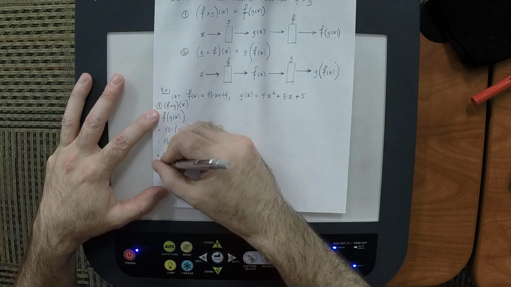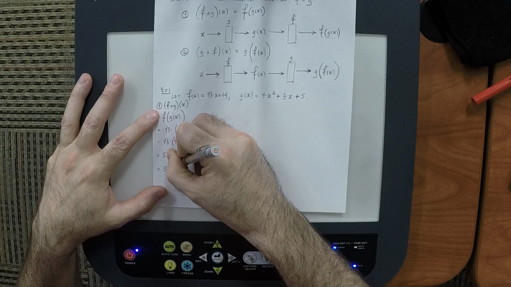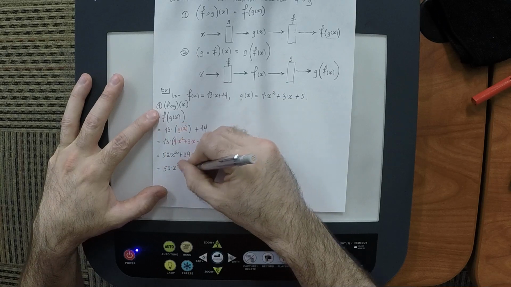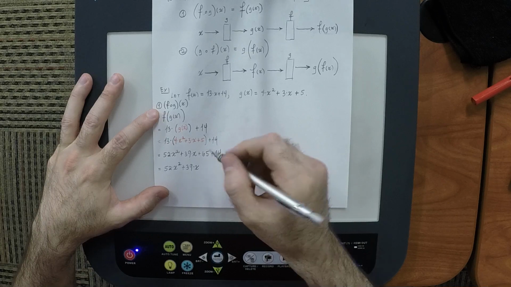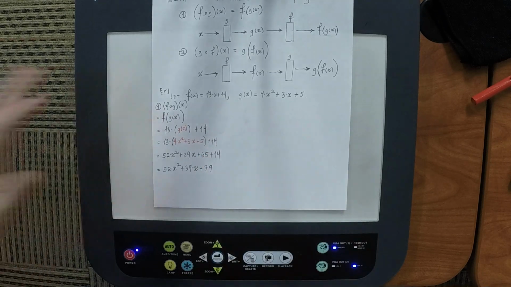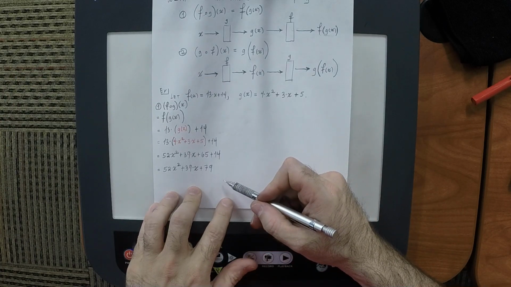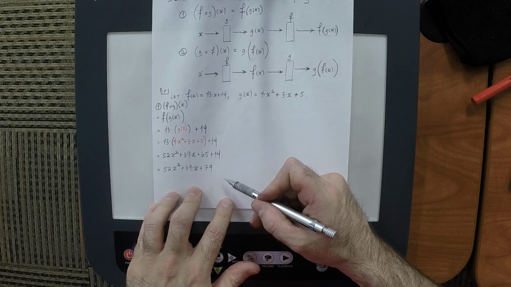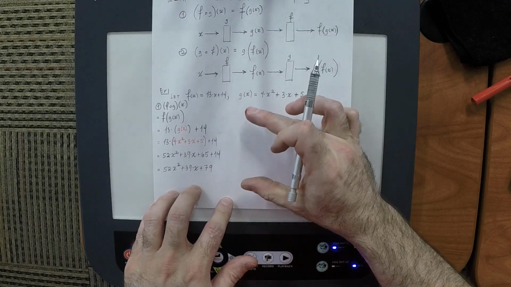And then now I'll collect: 52x squared plus 39x plus 79. Good. Any question about this one? Are we done? No, we're going to do it in the other order now. But we're finished with this one.